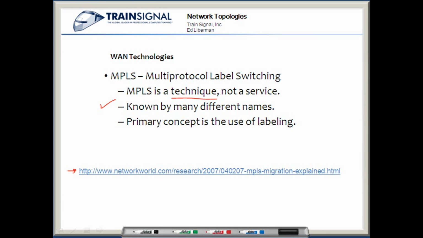It's through networkworld.com, where they have given a thorough explanation, including complicated diagrams and everything, of how MPLS works. I wouldn't recommend that you go to this website right now, but after you've completed the course, once you've listened to everything and you fully understand how routers work, how routing works, how things like the OSI model work, then go read this article. It's a very well explained article.